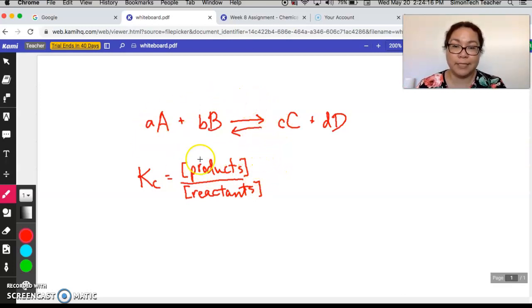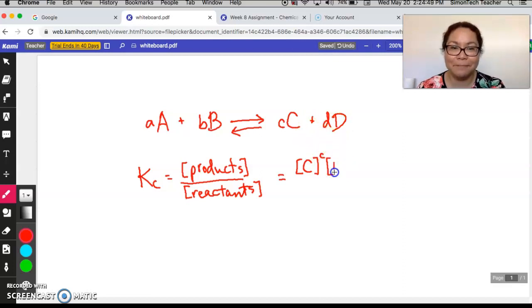But with this type of equation here, don't forget there are also powers. So it can also be represented as this. The products first, the concentration of the products, capital C, raised to the power of the coefficient. So the power for each chemical is indicated by its coefficient. And we're multiplying them, not adding.